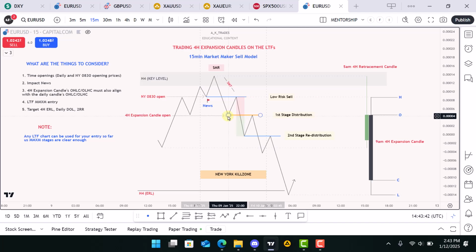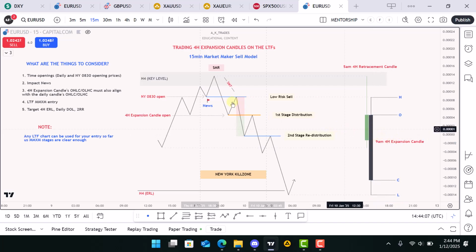So as we are trading 4-hour expansion candles, now we know that this particular candle will not be raiding liquidity and then expanding at the same time in this scenario. So we are not looking to trade this candle, the 5 a.m. 4-hour retracement candle, but rather we are looking to trade the 9 a.m. 4-hour expansion candle.